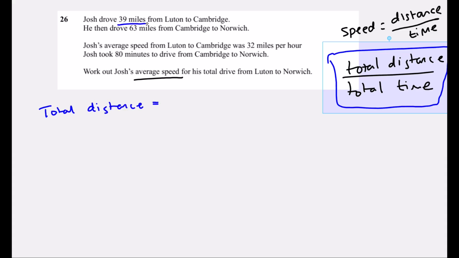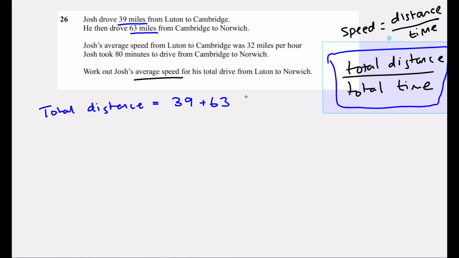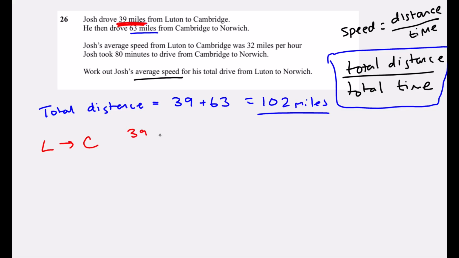So it's 39 miles and 63 miles. So that's 102 miles. So that's the total distance. How about the time? So from Luton to Cambridge, that was the first part of his journey. 39 miles. And we know the speed, 32 miles per hour.